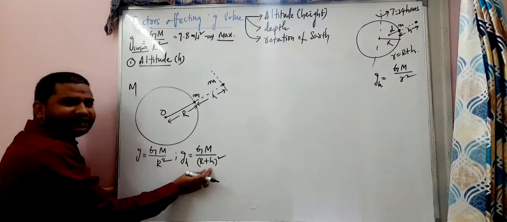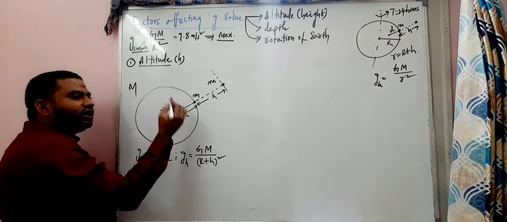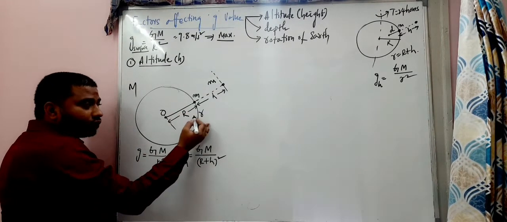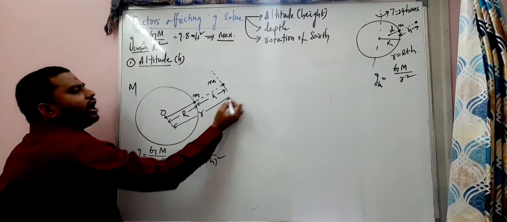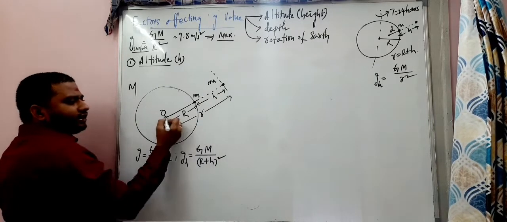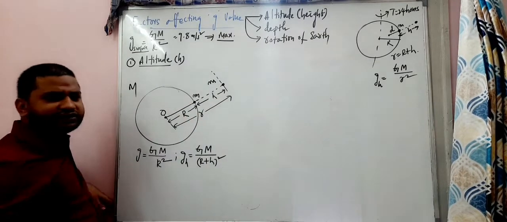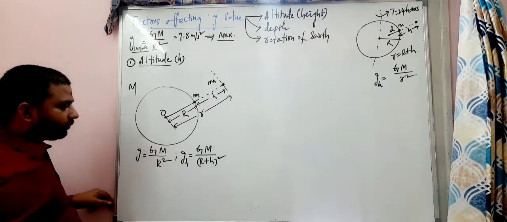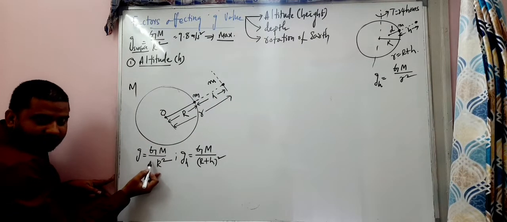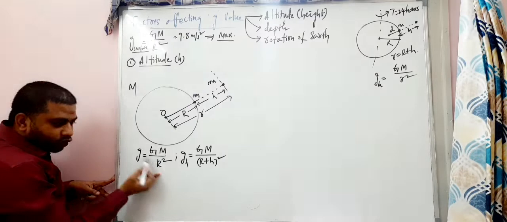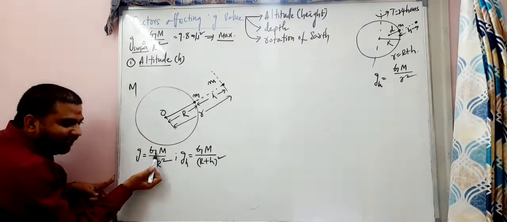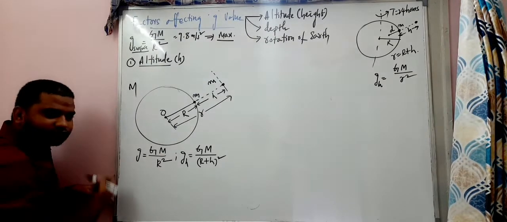The distance between the small mass m and capital M is small r, I have considered. That's what I have written. Okay, coming back to this equation. Cross multiply, then GM is equal to small g R squared.